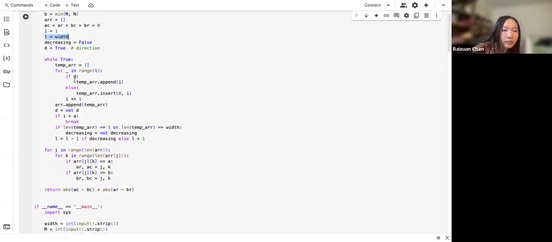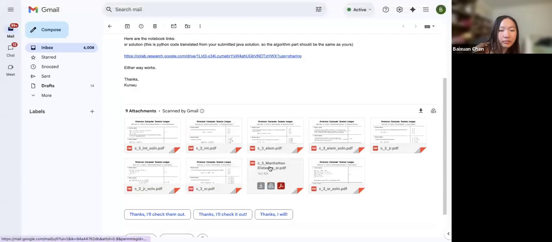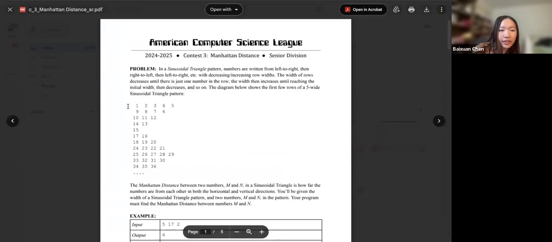And then we'll append it. And this D variable is for if we're increasing or decreasing, because remember it's snaked, like it snakes from here to here to here and so on.